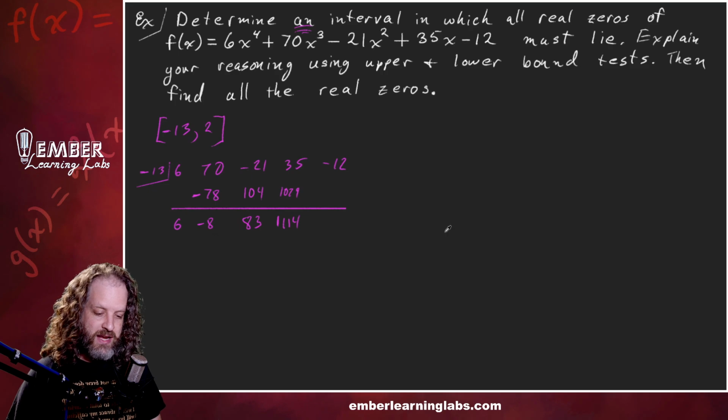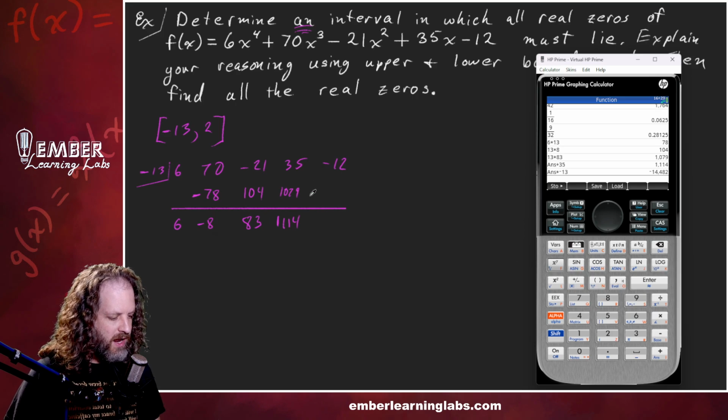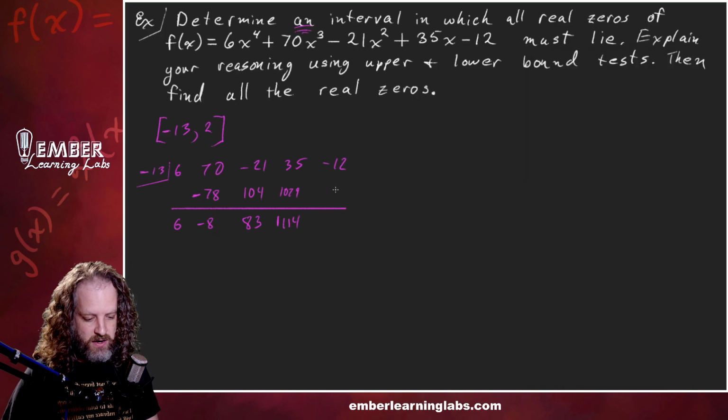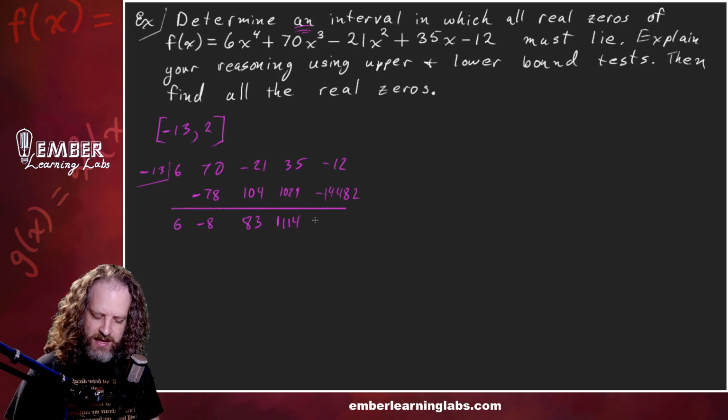So that times negative 13. Enter. Negative 14,482. And we don't actually care what this is. Now, something has happened here.